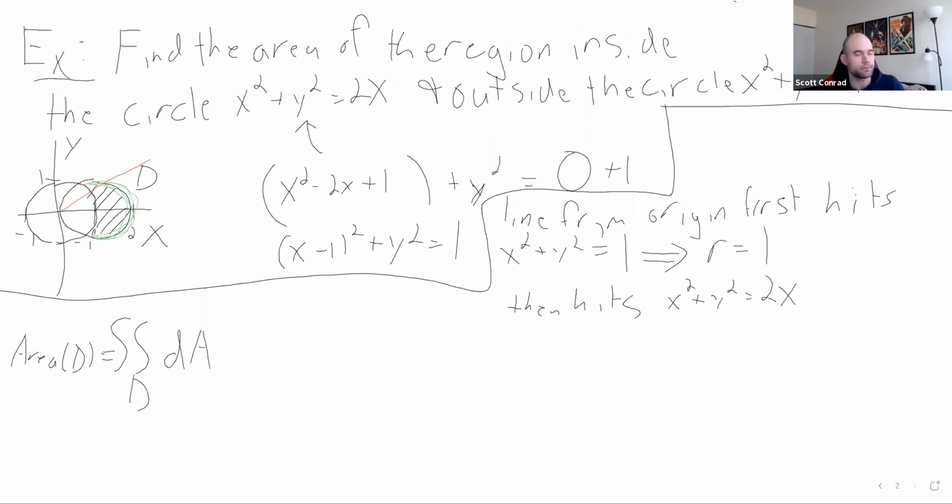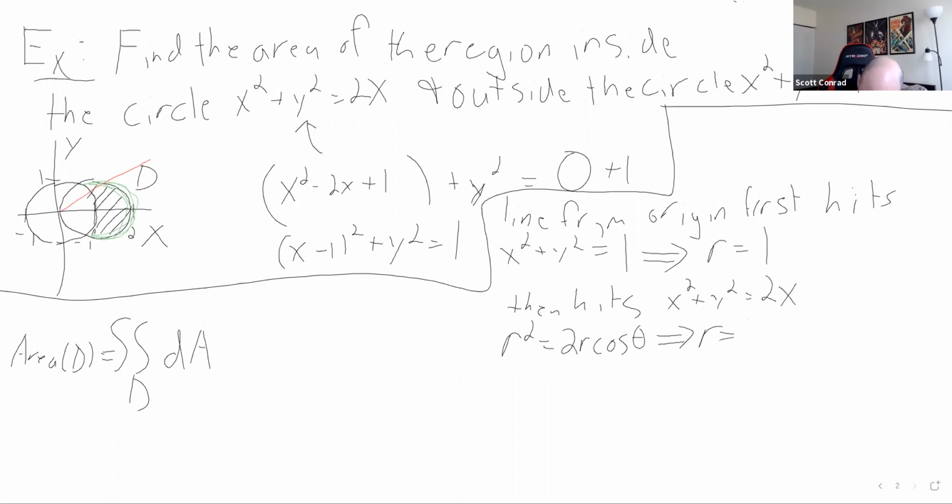And there's a reason I wrote it like that. We're going to turn this into polar. Just rewrite both sides of the equation in polar. x squared plus y squared, remember, is r squared. And what is 2x in polar? It's 2r cos theta. We need to write this as r equals something, so just divide both sides by r.